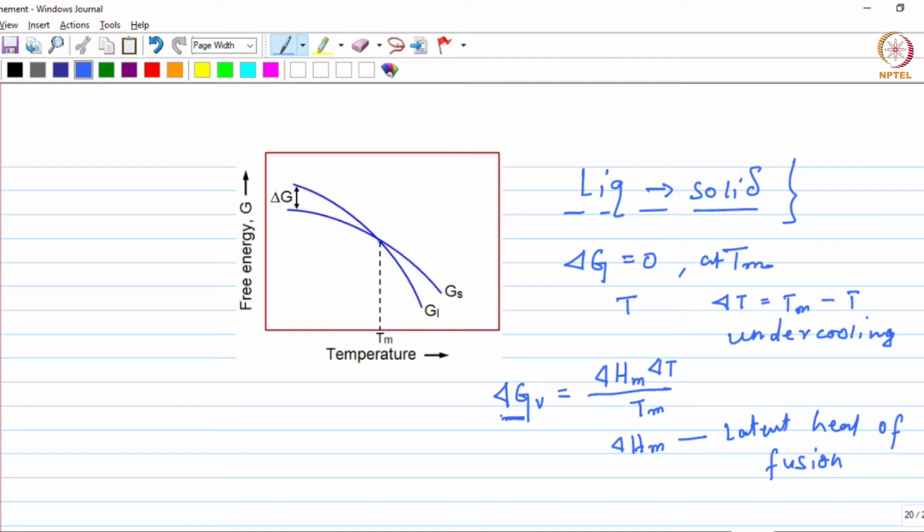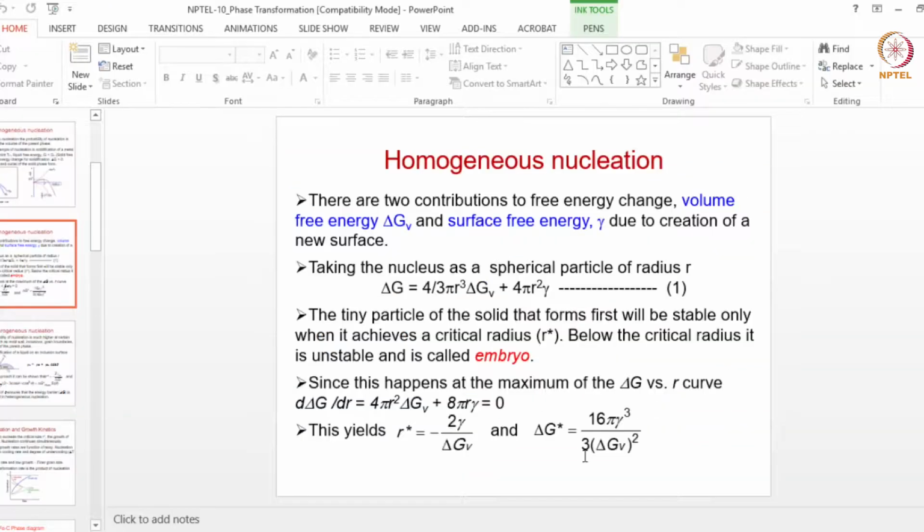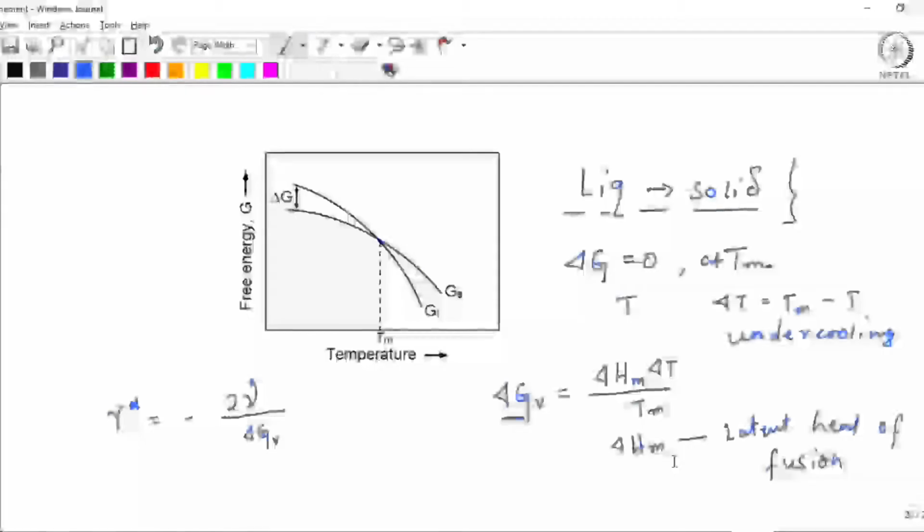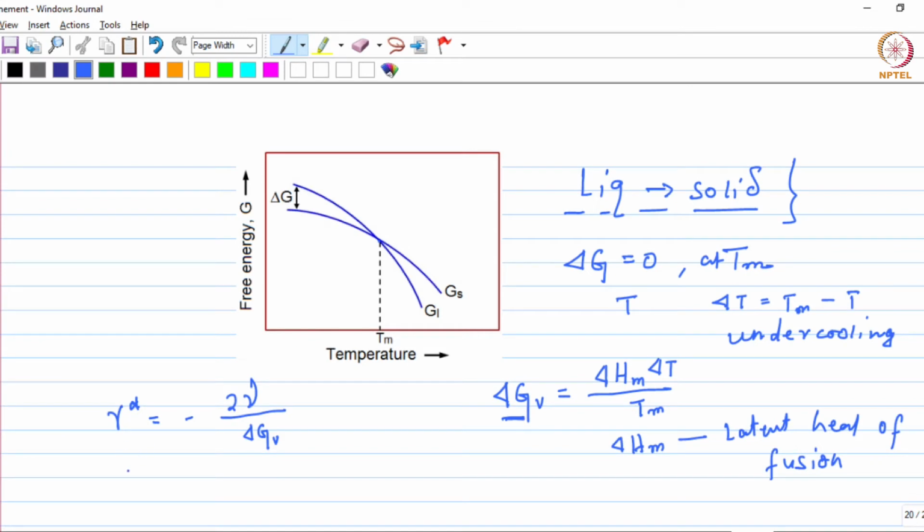And what is its significance in terms of the nucleation process? You can see if you again bring these two equations over here, that is the expressions for the critical size and for the energy barrier, or delta G star.